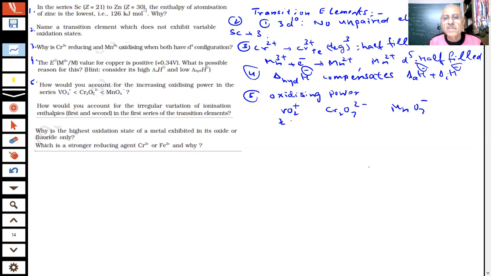If I take it as x, x minus 4 is equal to +1, so vanadium is in +5. For chromium, 2x minus 14 is equal to -2, so 2x equals 12, giving +6. Chromium, you are saying, is +6. And what is the oxidation state of manganese?